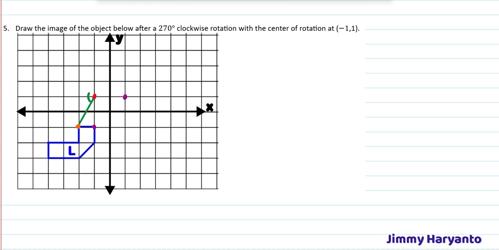I think this one is 90, and then 180, and then 270. Yeah, that big for 270, and then create the line. Like that. Yeah, so the image will be like that.